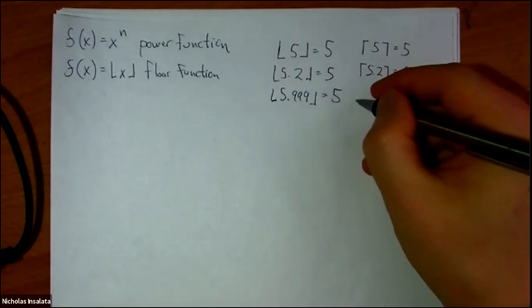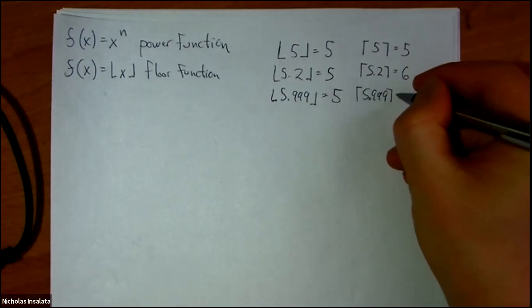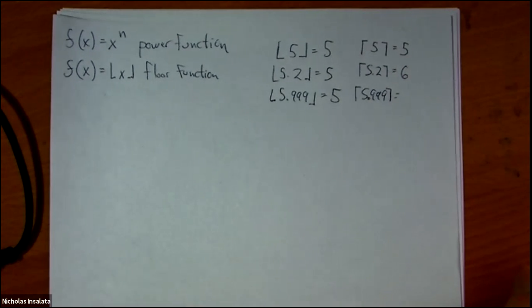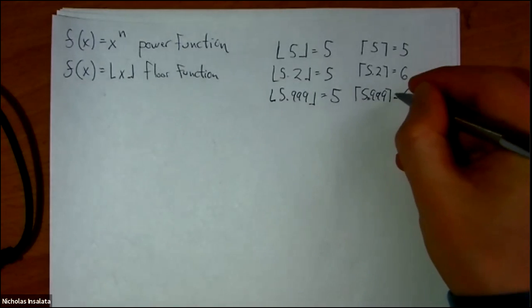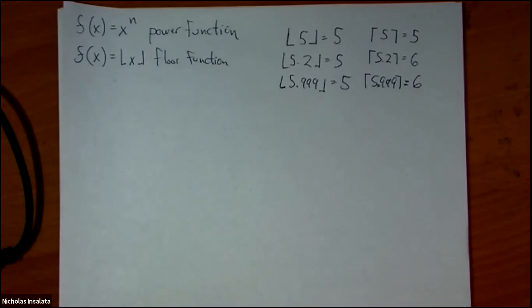And the ceiling of 5.999? Also 6, good. Okay, cool. So the floor is rounding down, the ceiling is rounding up. That's why they're called that. Because the floor's beneath your feet and the ceiling's above your head.